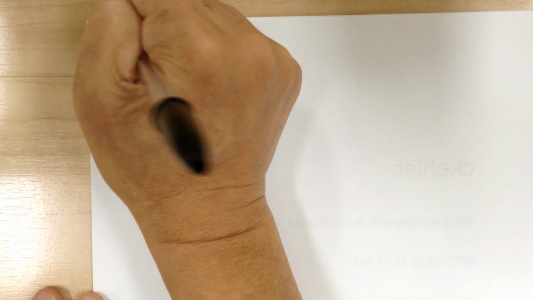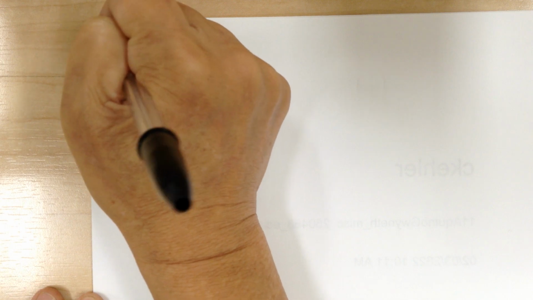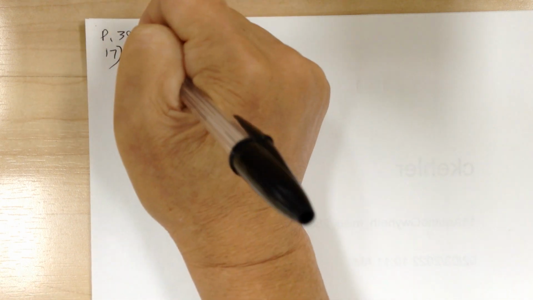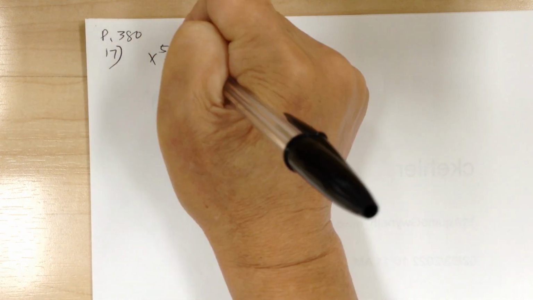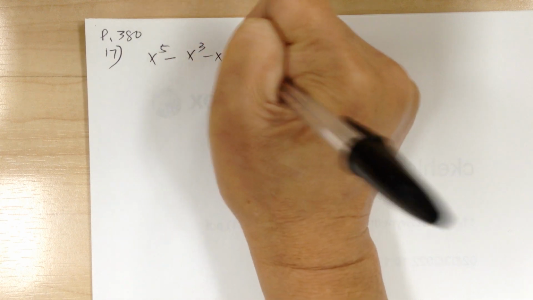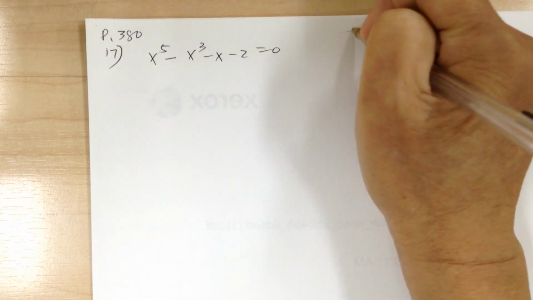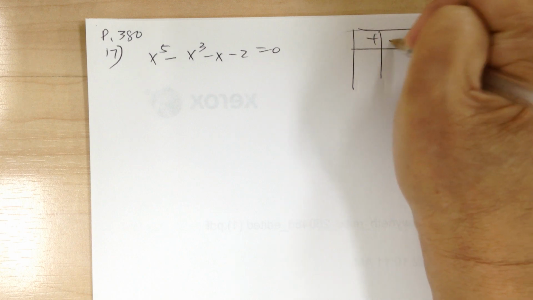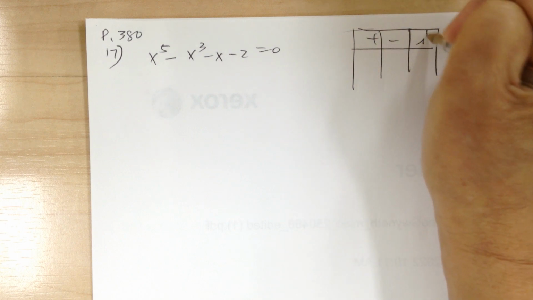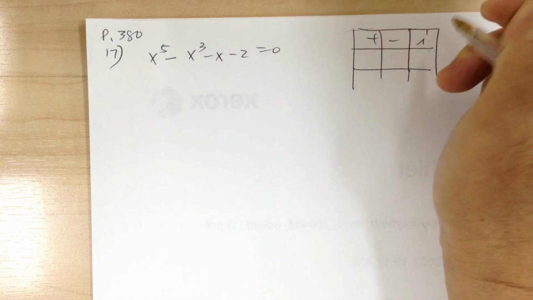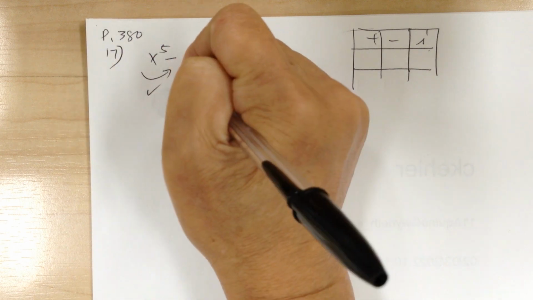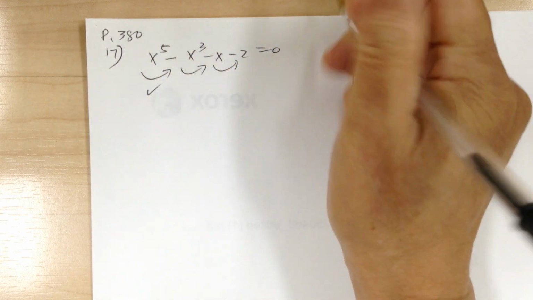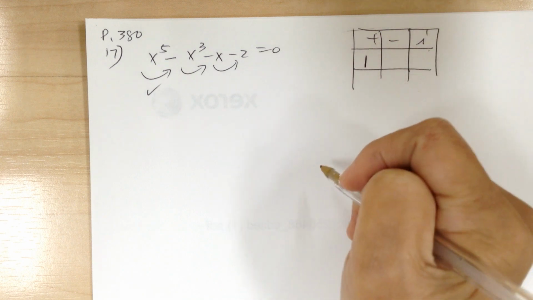Okay, let's go to the next one. You've got x to the 5 minus x to the 3 minus x minus 2 equal to 0. So again, this one changes, this one doesn't, this one doesn't. So you only get 1 positive maximum.